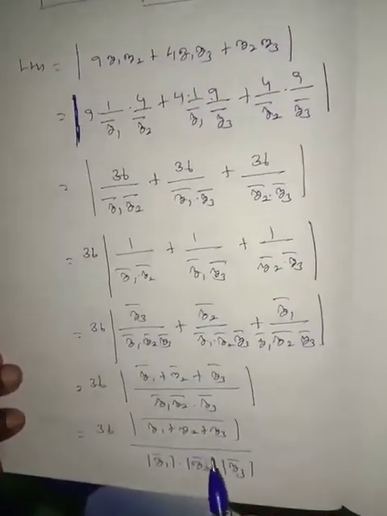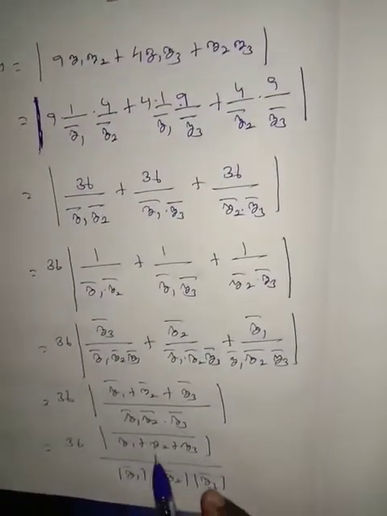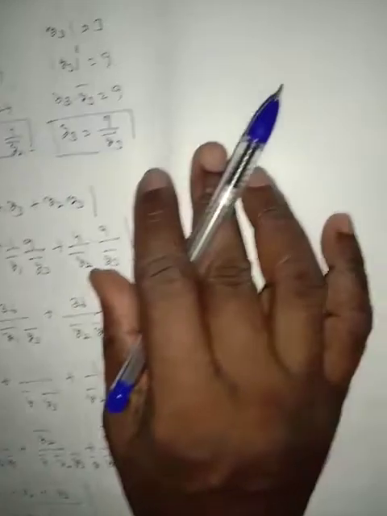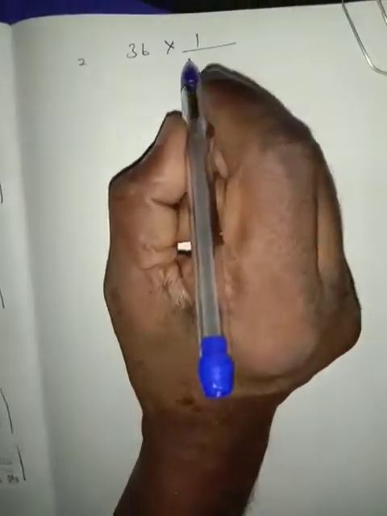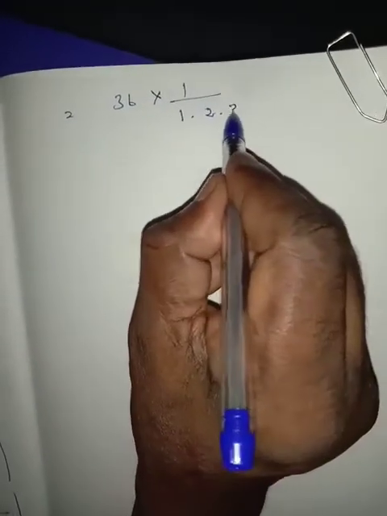Now the numerator becomes 1. Why? Already given, modulus of Z1 plus Z2 plus Z3 is 1. Therefore, 36 into 1 divided by the denominator: modulus of Z1 bar is 1, modulus of Z2 bar is 2, modulus of Z3 bar is 3.